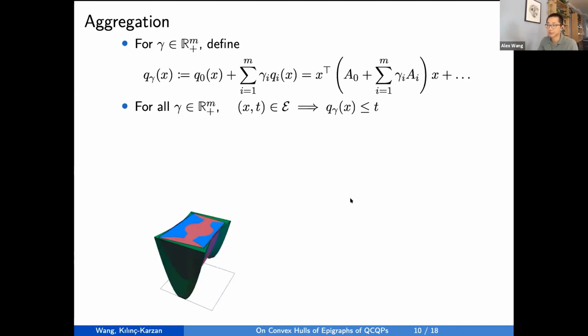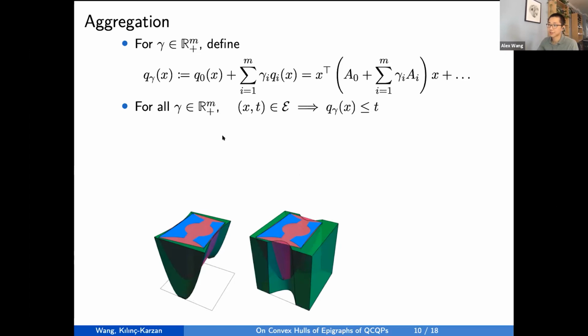So pictorially, I'm aggregating these constraint functions, and I get this green, potentially non-convex epigraph. For any choice of gamma, these might be different aggregation weights, but I'll necessarily contain the original blue epigraph set.